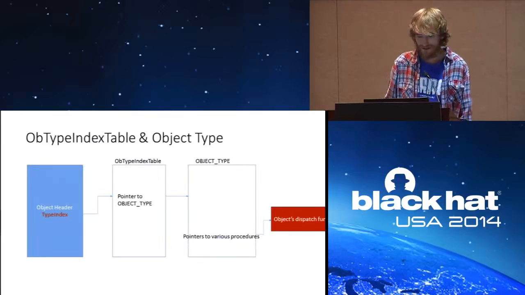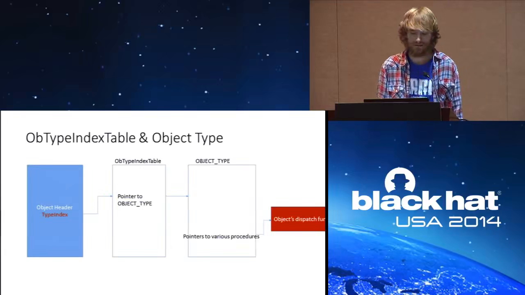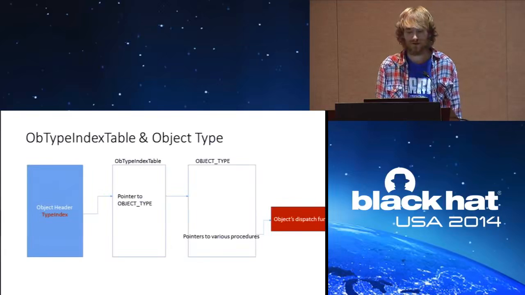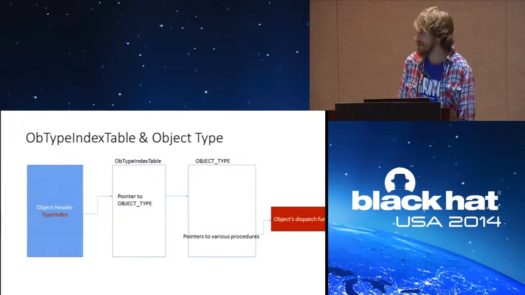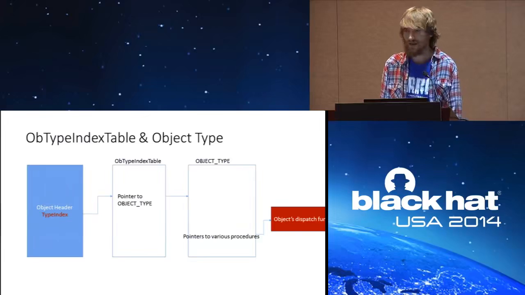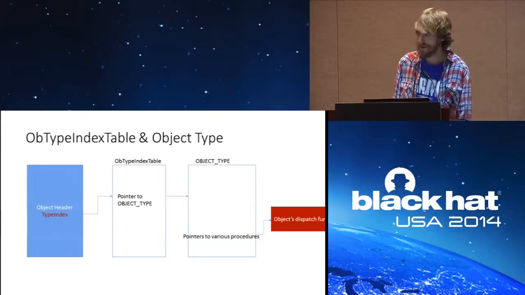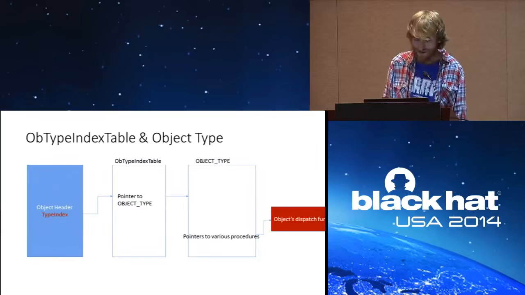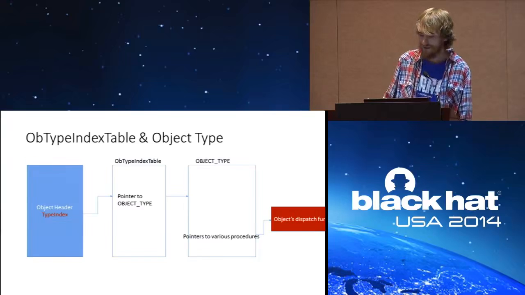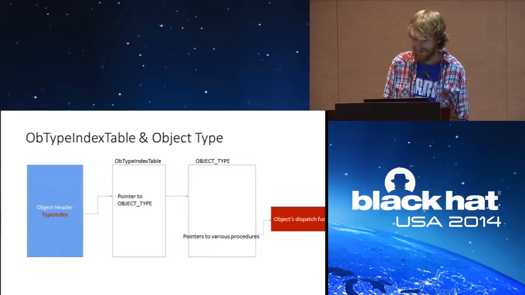So if you are, for example, closing an object, depending on the type of object, the object manager will call a specific routine to close the object, to delete the dynamic memory that was allocated when the object was created. Basically it looks like this: there is a type index, an array of pointers to the real object type, and the object type contains a function pointer that will be called.